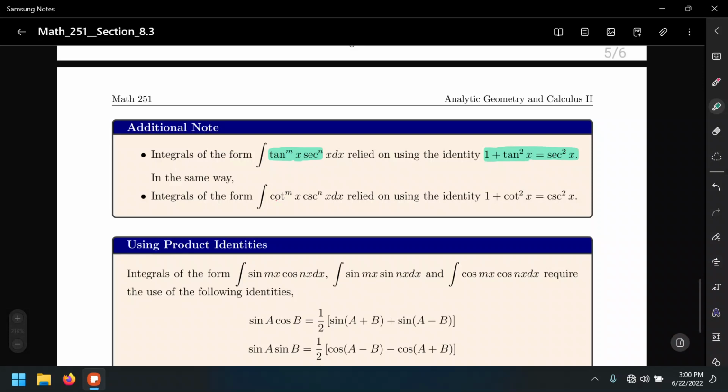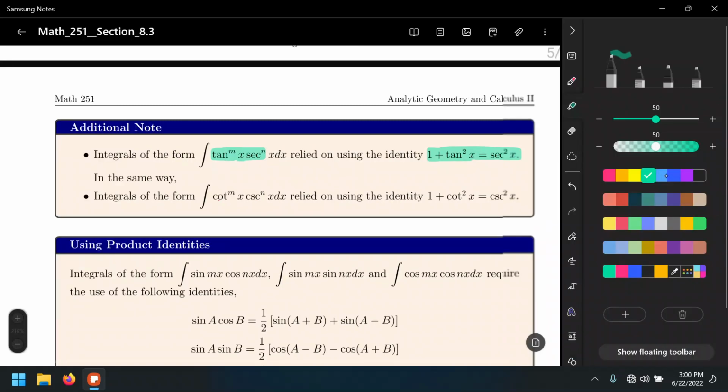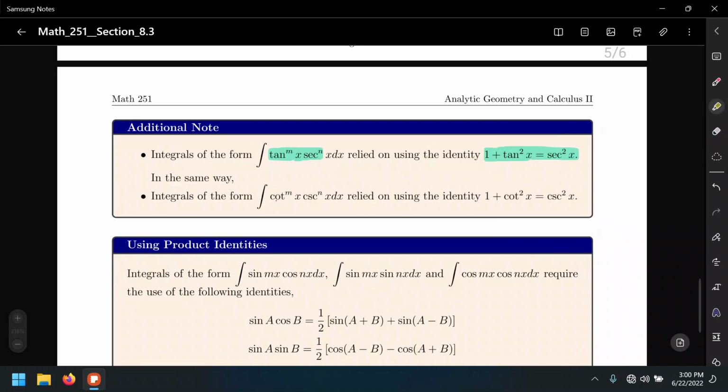And in an analogous way, for powers of cotangents and cosecants, we would be relying on the corresponding trigonometric identity.